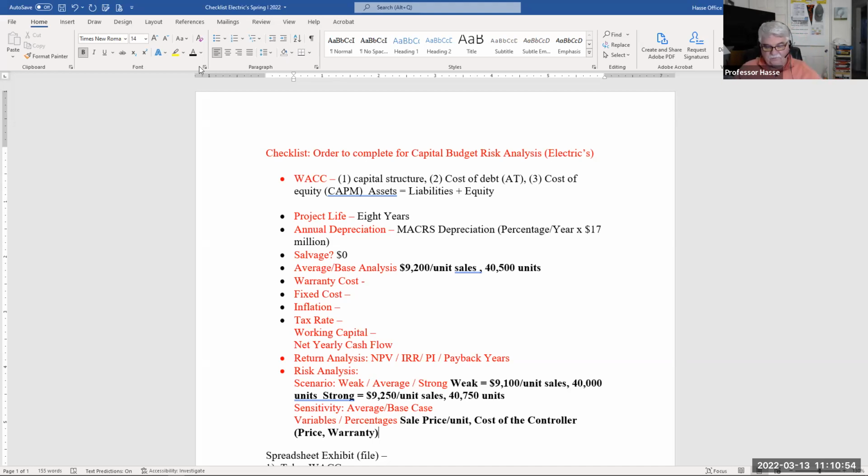You have to combine those for your sensitivity variable, and your sensitivity percentages are given on page 4 in that question 6, are plus or minus 10, 20, and 30%.